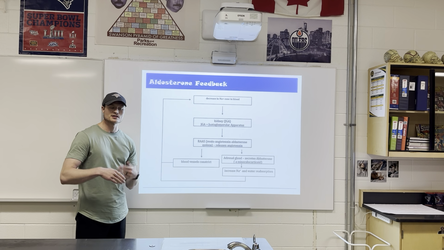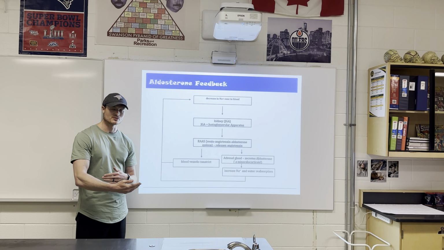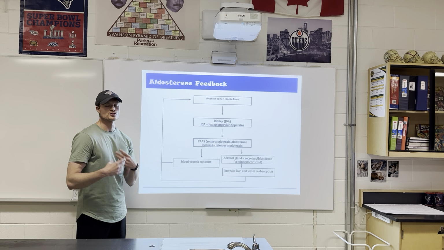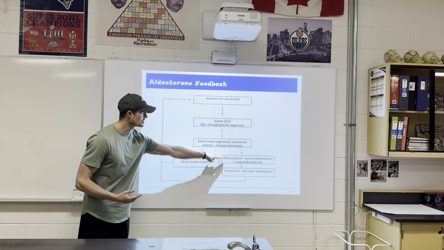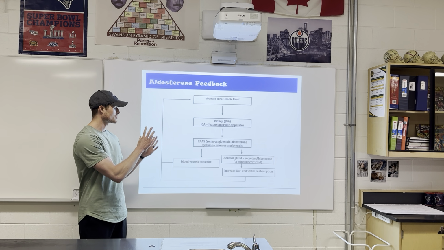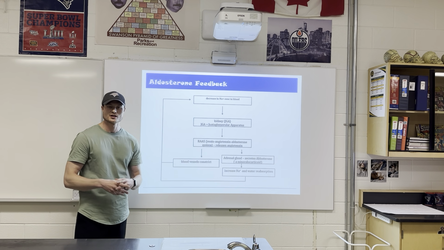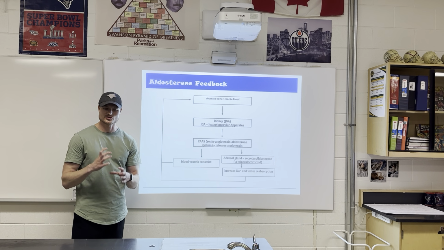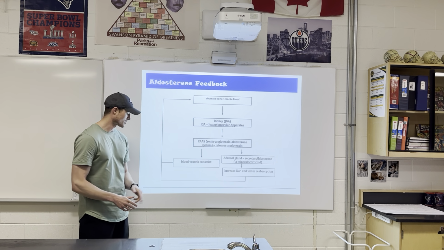Now renin is then going to cause another compound to be released, and this is all in your kidney still, called angiotensin. And angiotensin will go up to your adrenal gland, and that's where you're going to get aldosterone. Aldosterone is then going to increase sodium and water reabsorption. This is going to increase your blood volume, your blood pressure, your sodium levels, and also it may cause your blood vessels to constrict a little bit, once again impacting blood pressure.